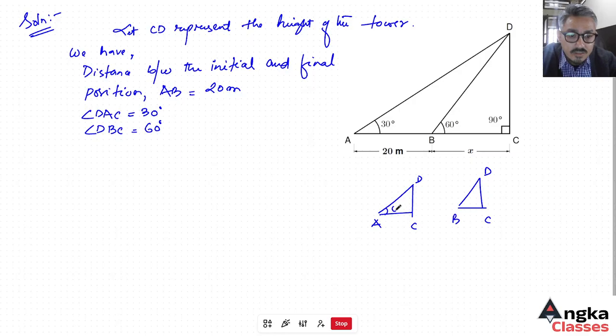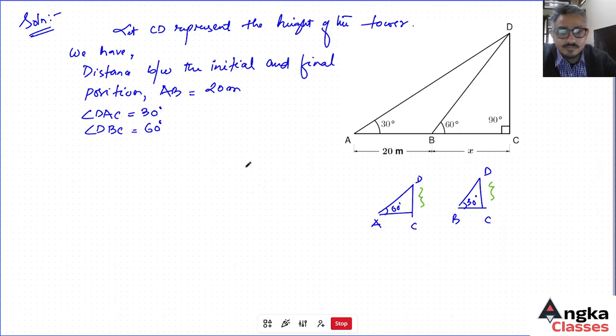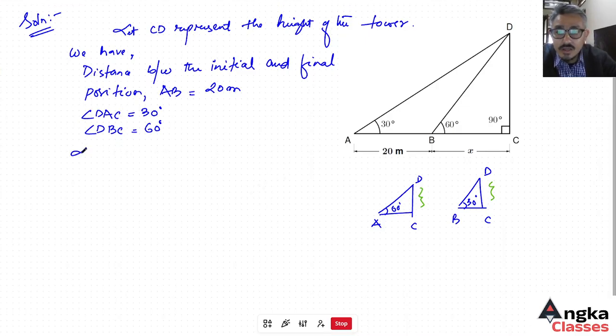This is 60 degree, this is 30 degree. In the two right triangles there is a common side, which is DC. Using the common side, we proceed. Let BC be equal to x.